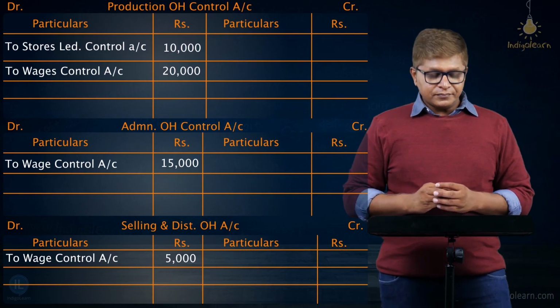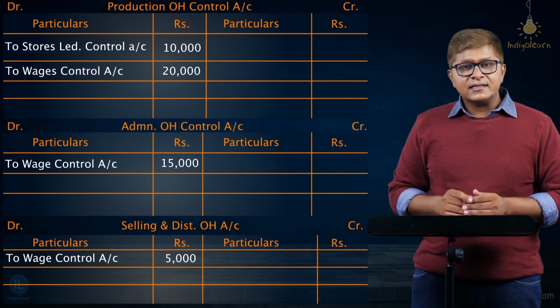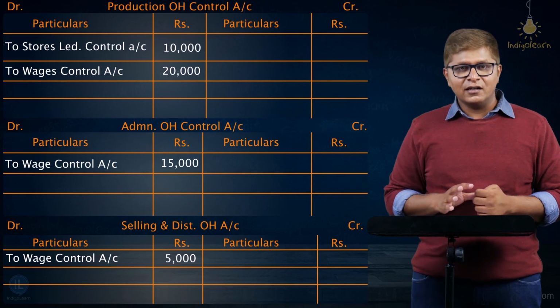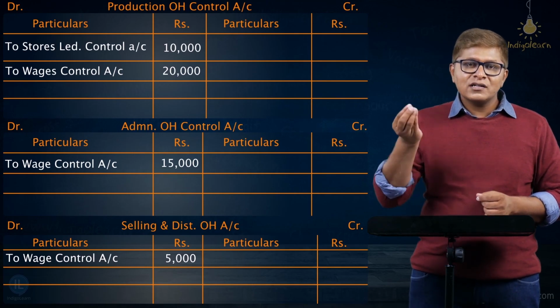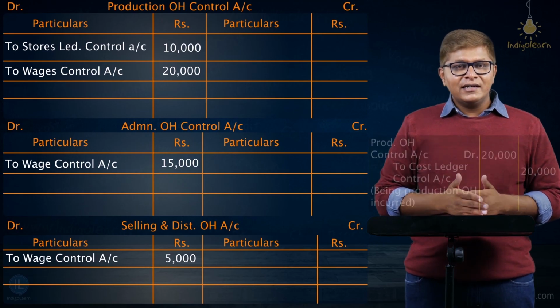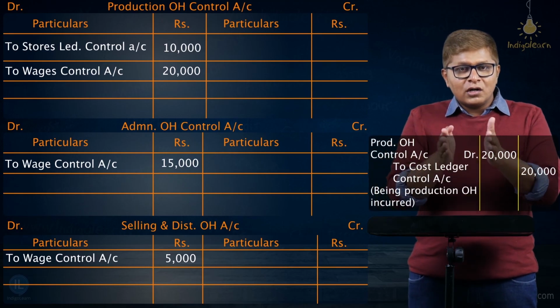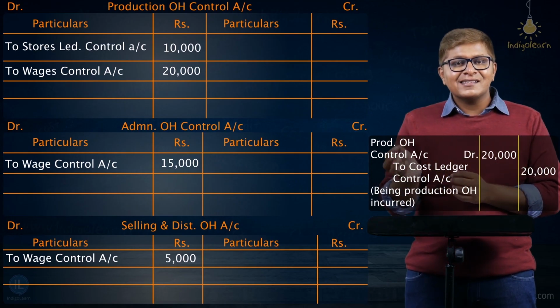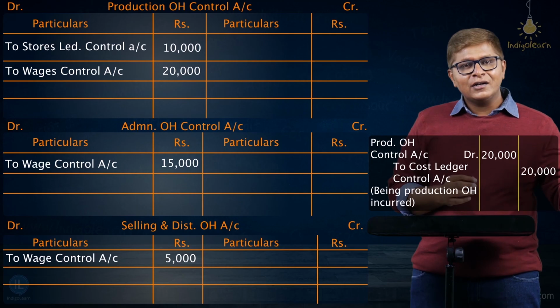Now next, what they are saying we have, in addition to the items mentioned till now, incurred some production overheads of 20,000 directly. What will be the entry for this? We will debit the production overhead control account with 20,000 and credit the representative account, that is the cost ledger control account 20,000.